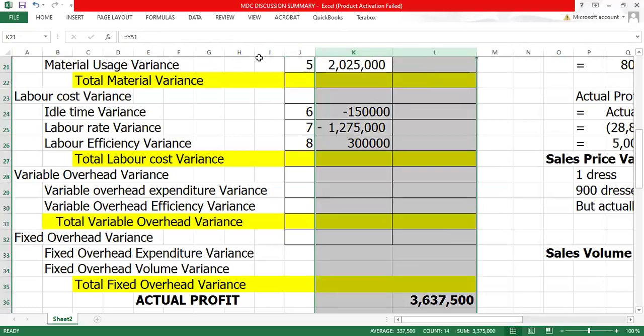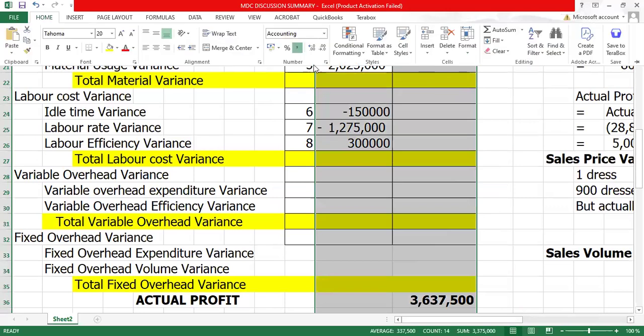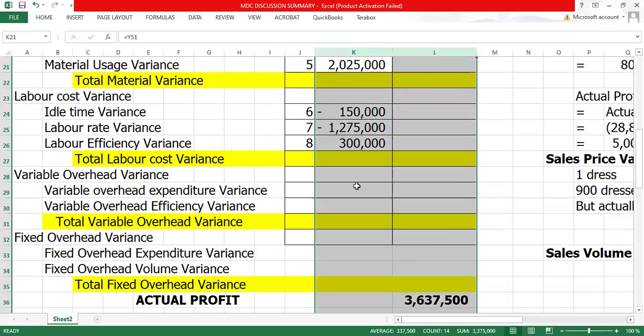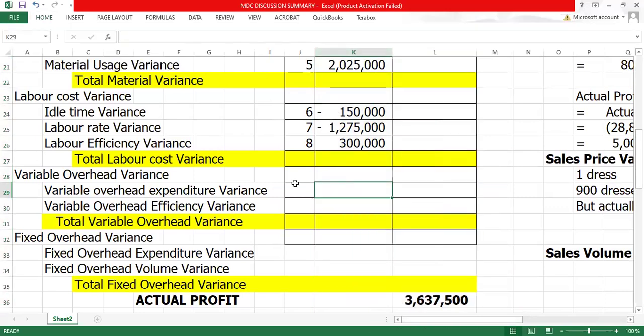Favorable, so that is not negative, it is positive. Next, we can add now. We get total labor cost variance: negative this plus negative this plus positive this. That is what I have as total labor cost variance.